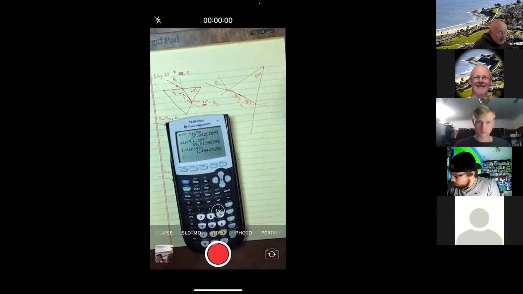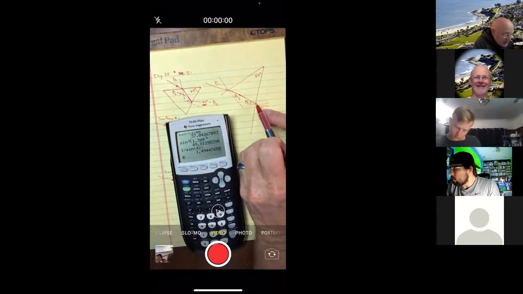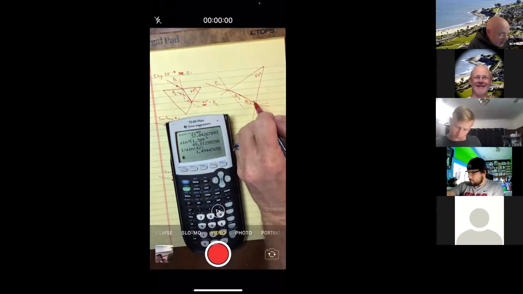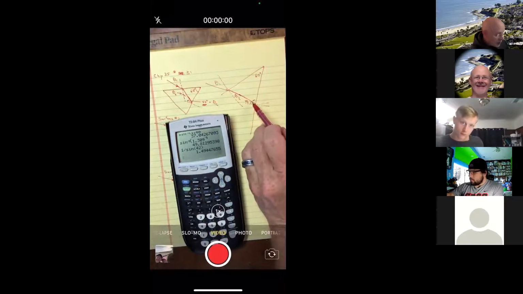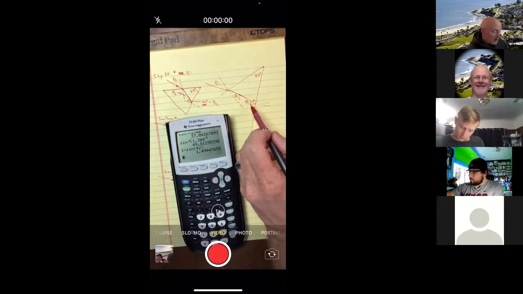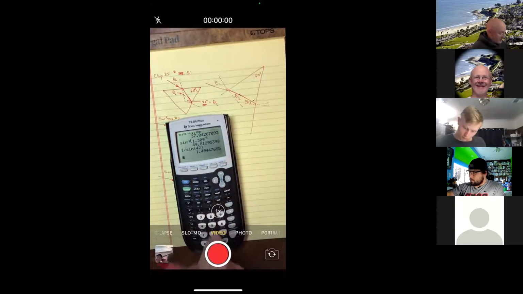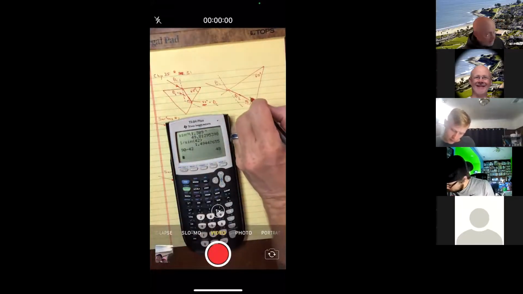So if I grab my calculator, this angle right here plus the 42 has to be 90 degrees. So 90 minus 42 should be a 48.